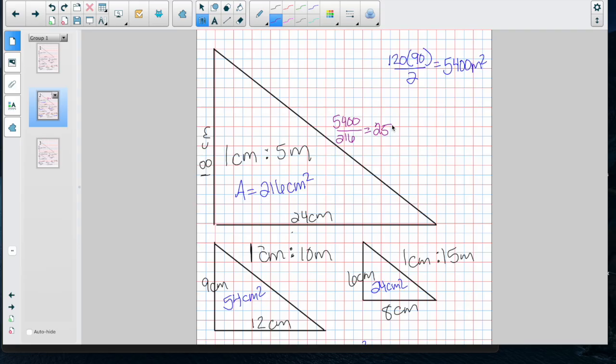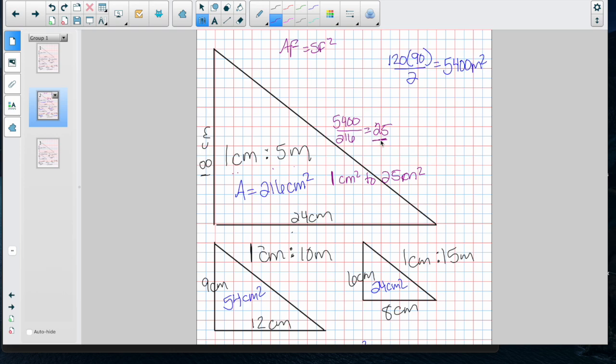And thinking back to area factor, remember the area factor is equal to the scale factor squared. If I look at the numbers in my scale and I square each of them, for this one I end up with 1 square centimeter to 25 square meters. And there's my 25.